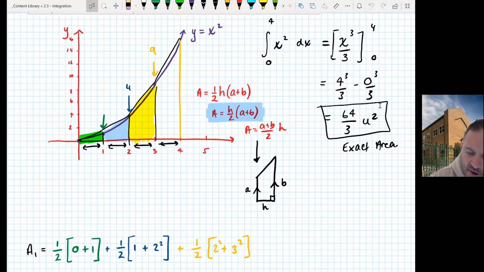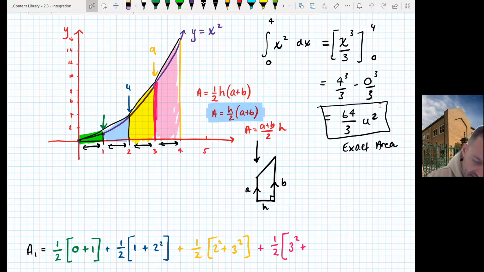I've got one final trapezium at the back end. Let's do this one in a pinky color. You won't have to do more than really 4 applications; 4 applications is probably the biggest amount. So again, 1 over 2 is my height. My height is between 3 and 4. And then my left-hand side, of course, is 3 squared, which is 9.